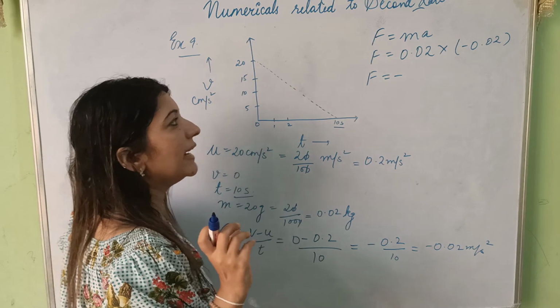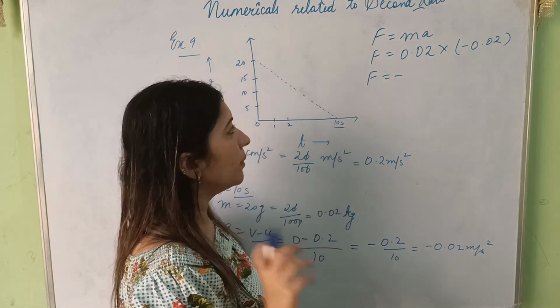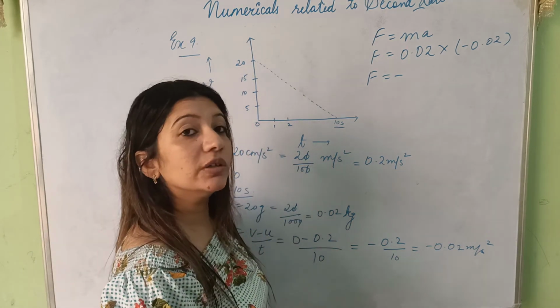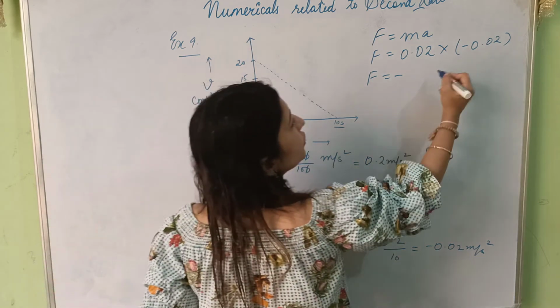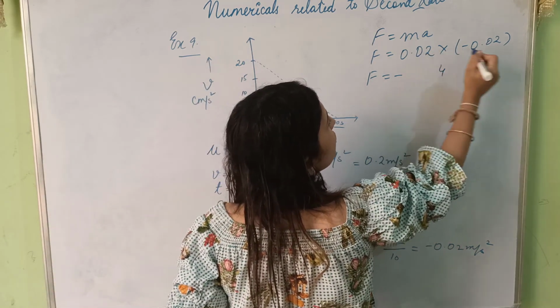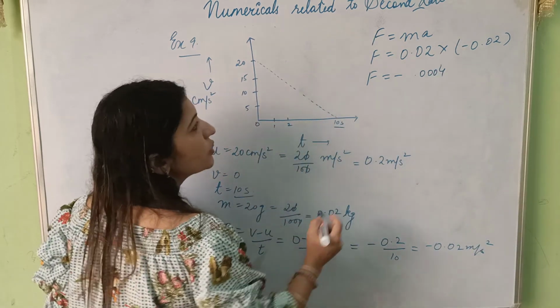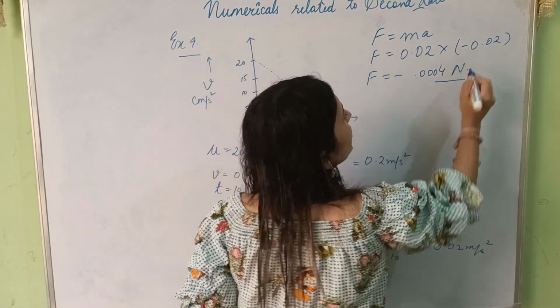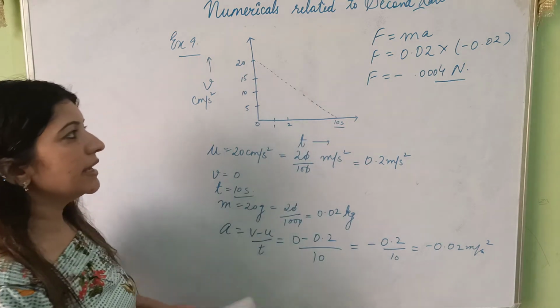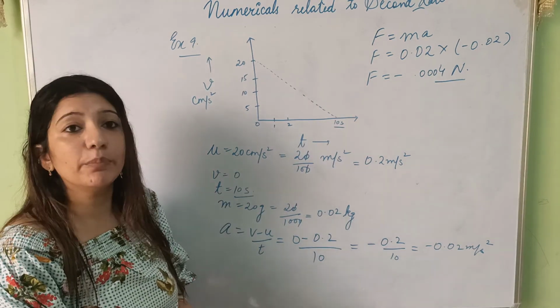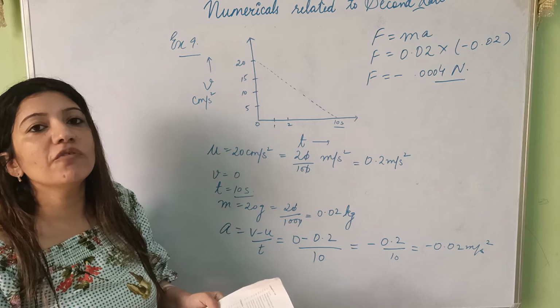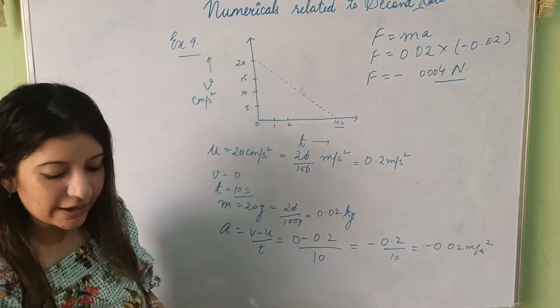That means the force applied to stop the ball is in the opposite direction to the direction of motion. 2 twos are 4, with 4 decimal places, so this is your force in newtons. The negative sign indicates that the force applied to stop the ball is opposite to the direction of motion of the ball. I hope it is clear.